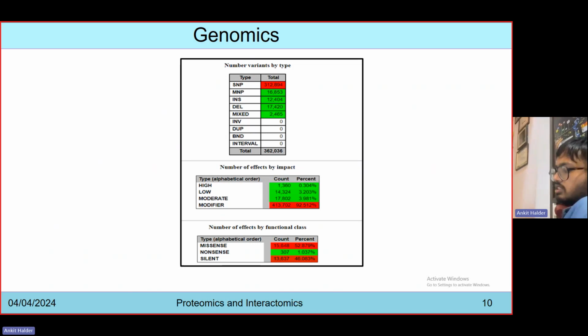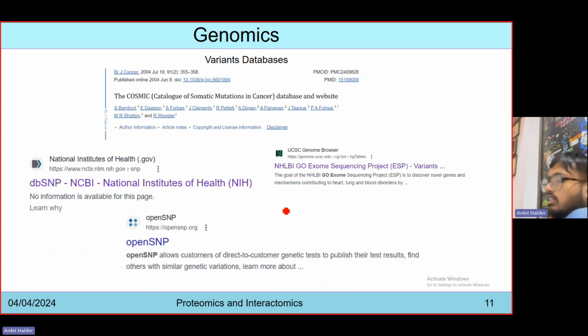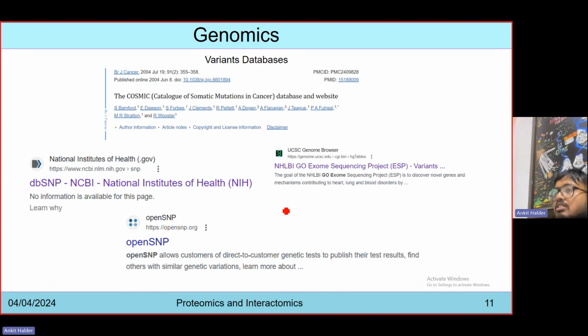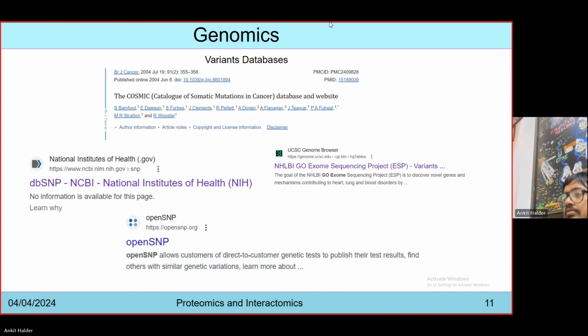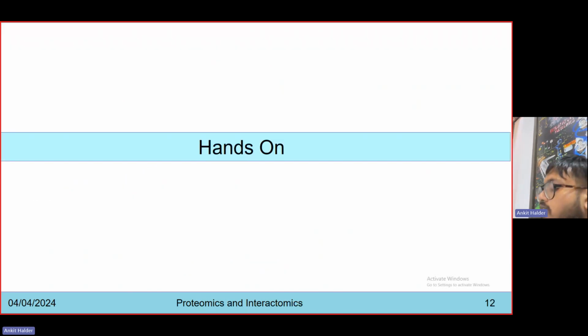There are also various databases, like COSMIC, the Catalogue of Somatic Mutations in Cancer, dbSNP, the database of somatic mutations, open SNPs, and the exome sequencing project.